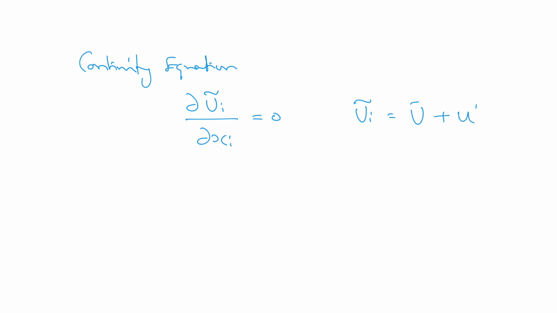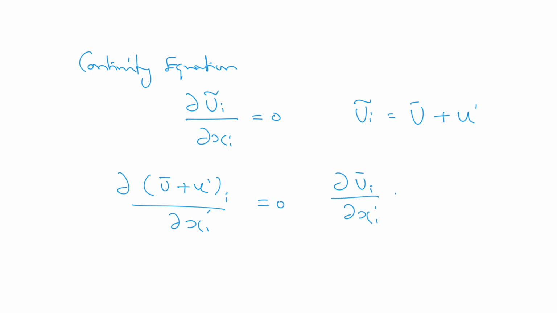If I substitute this in the equation, we get dou (u_i bar plus u_i dash) by dou x_i equals 0. We can expand this and write it as dou u_i bar by dou x_i plus dou u_i dash by dou x_i equals 0.